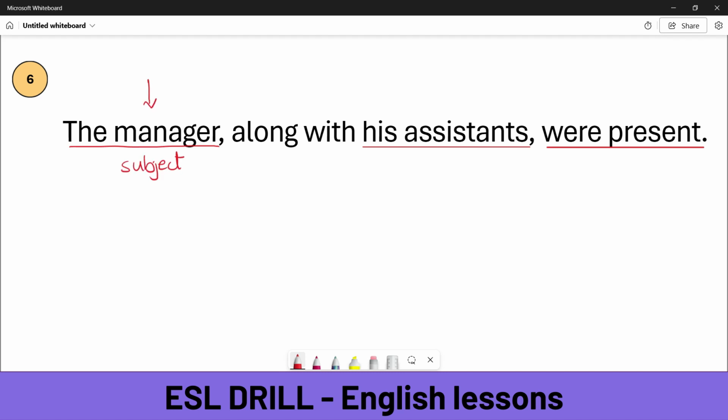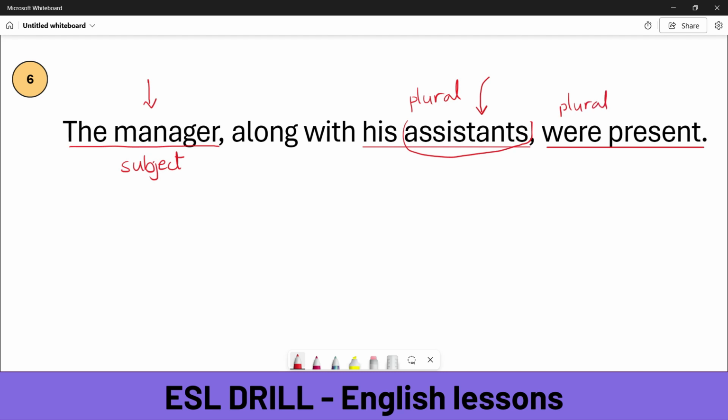But why do we tend to think that this sentence can be perfect? Because we have the noun assistants here, and this assistants is a plural noun, and we have a plural verb.